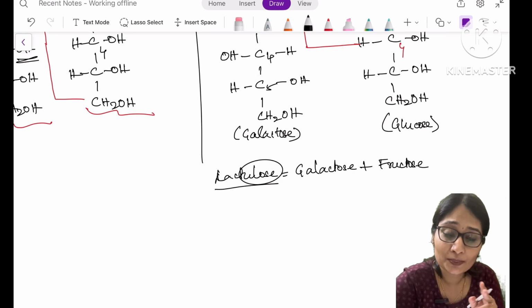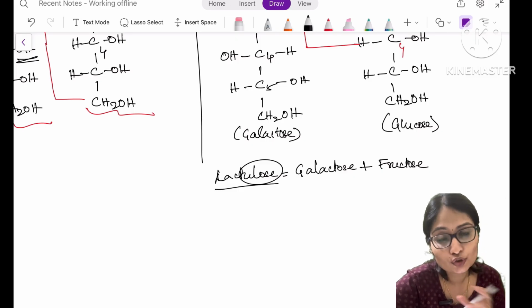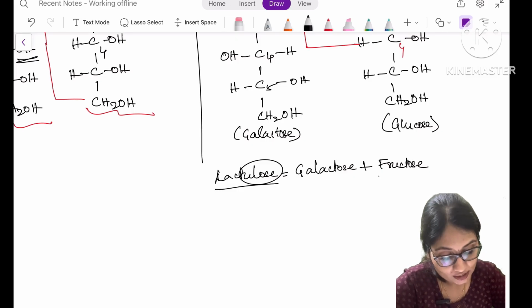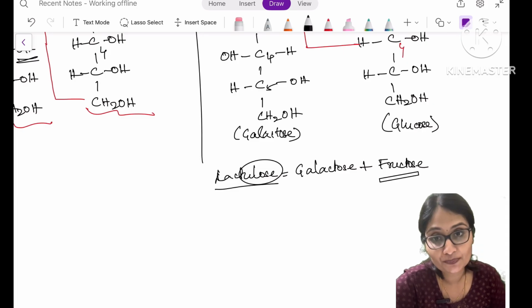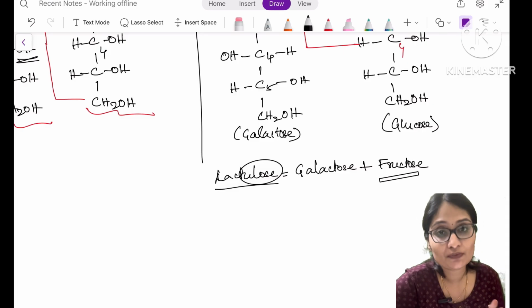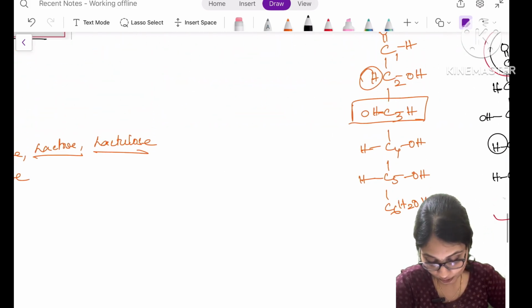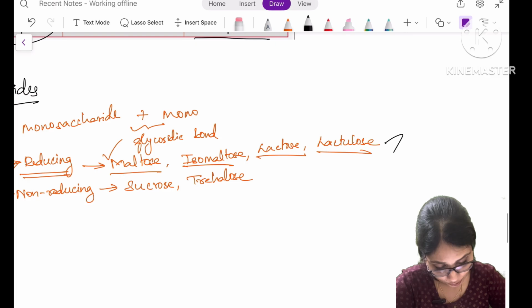Whenever you see the suffix ulose, it means it's a keto derivative. Since it's a disaccharide, one of the sugar units should be a ketone, so it is the second one, fructose. Lactose was galactose plus glucose, lactulose is galactose plus fructose. Now we are done with all the reducing sugars.